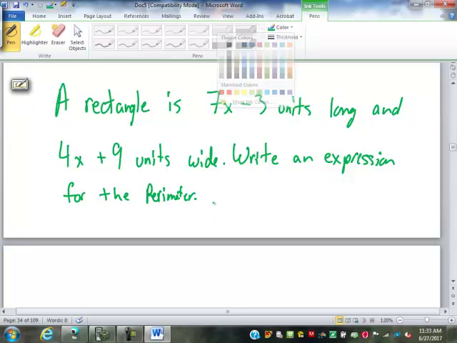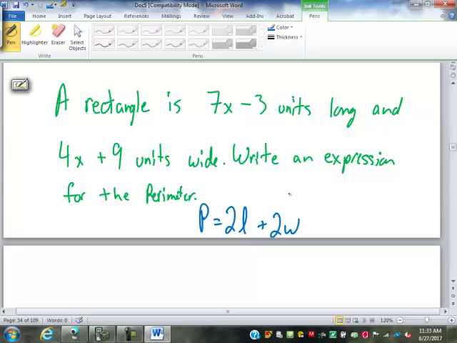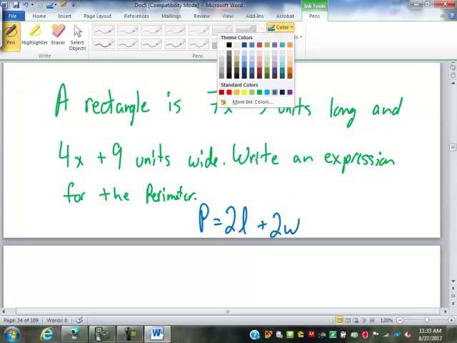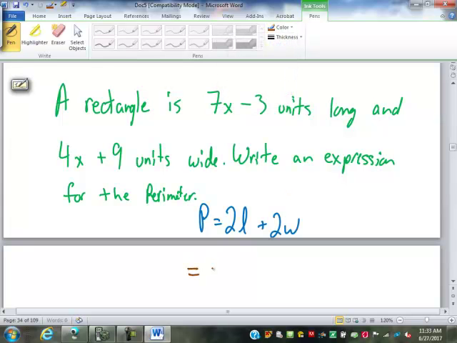But remember, perimeter is 2 times the length plus 2 times the width, right? So our expression for the perimeter is going to be 2 times, what's the length? 7x minus 3 plus 2 times, what's the width? 4x plus 9.